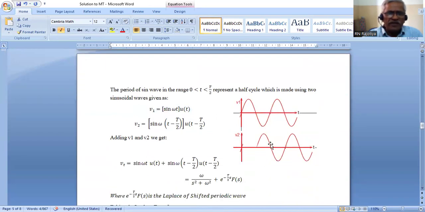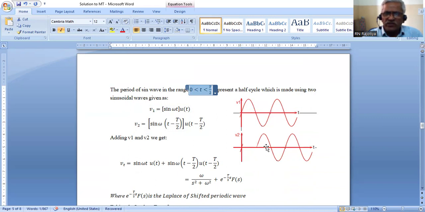V2(t) is a shifted version of this pure sine wave and it is shifted by T by 2. Therefore I can write sine omega (t minus T by 2) u(t minus T by 2). But you were asked to find out the response only between 0 to T by 2.